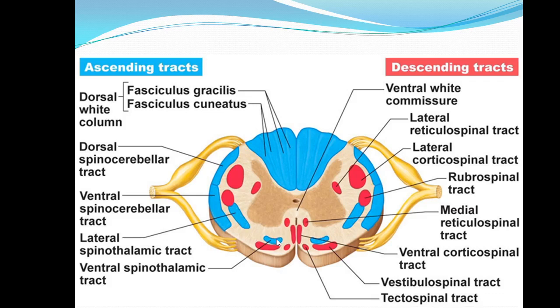In the anterior funiculus you see the ventral spinothalamic tract. So the posterior funiculus is mainly sensory, the lateral funiculus is mixed, having both motor and sensory tracts, and the anterior funiculus is predominantly motor.